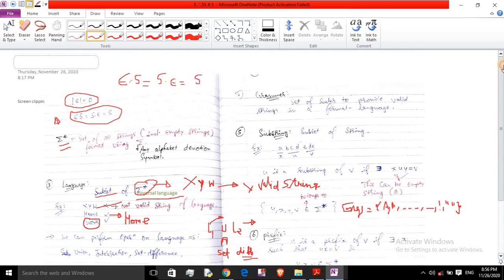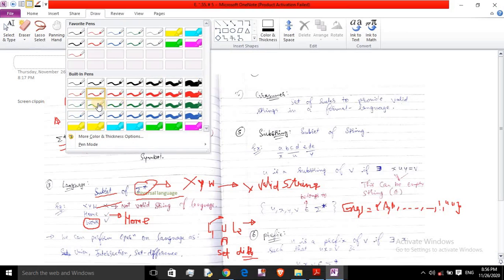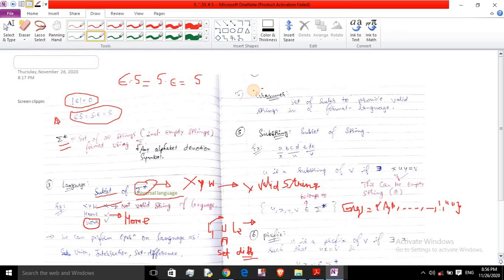Now look at our next part. What is grammar? I have to change the pen color so you will not get confused with the concepts. There is a word called grammar. It is a set of rules to provide valid strings in a formal language. Suppose we have a language L1, which we can also call a formal language.